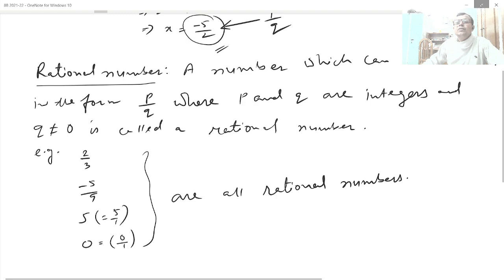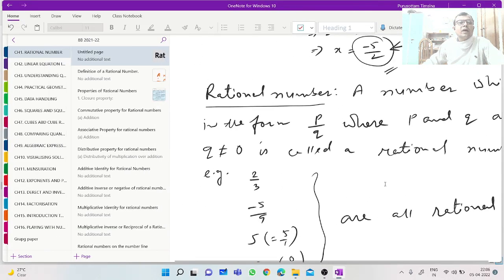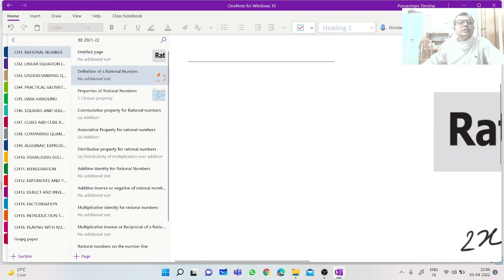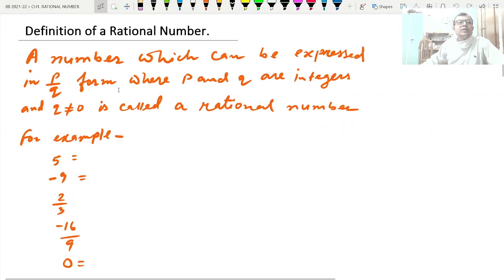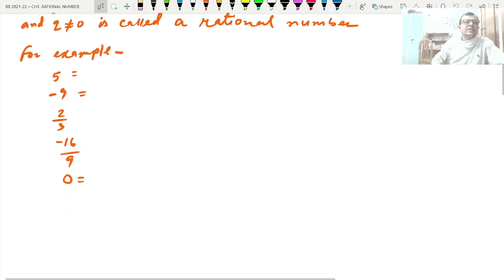Alright, these are all rational numbers. Okay, now let us go to this that I had already written here. A number which can be expressed in the form p/q, where p and q are integers and q not equal to 0, is called a rational number. These are the examples. So 5 can be written as 5/1. It can be -9/1. Okay, this can be 0/1.